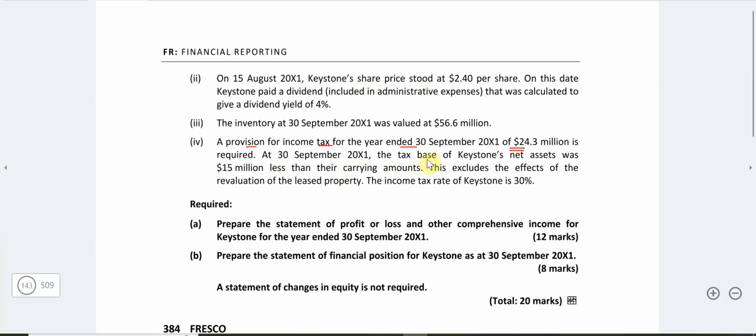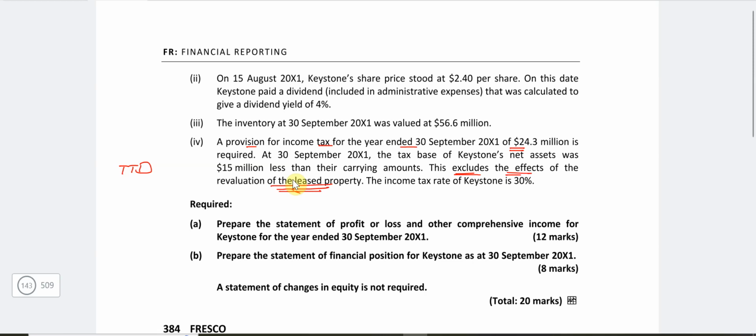At 30th September, the tax base was 15 million less than their carrying amounts, or simply the carrying amount is more than the tax base. So if the carrying value is more than the tax base, or the tax base is less than the carrying amount, this represents the taxable temporary difference. And it says this excludes the effects of the revaluation of the lease property.